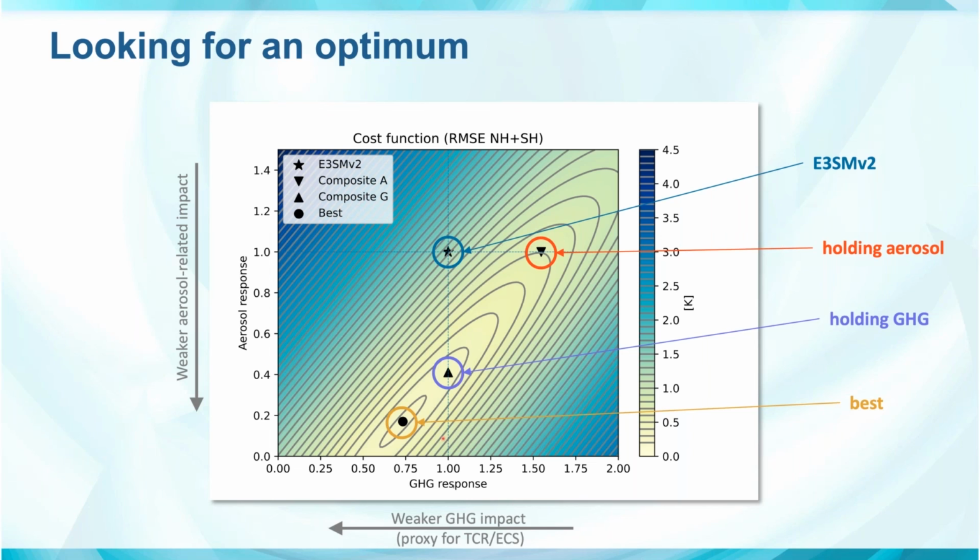Another way, assuming that the greenhouse gas response is reasonable, what would it take in terms of changing the aerosol response? So in that case, you would quite dramatically have to reduce the response by about 60% to get closer there. And that minimum is actually much closer to the global minimum. And if you did both, you would get somewhere here.